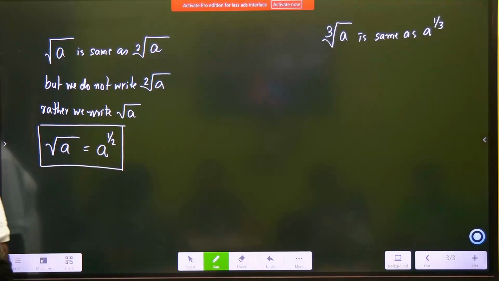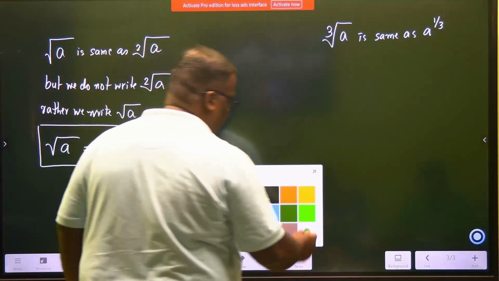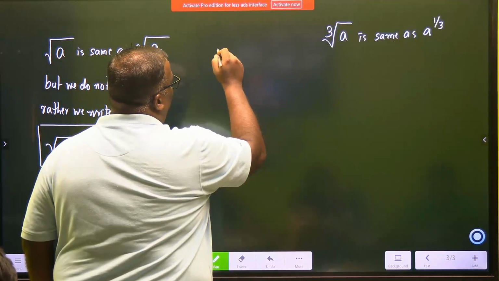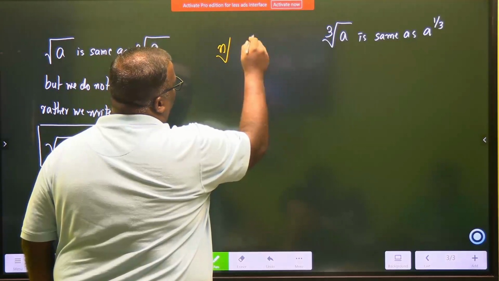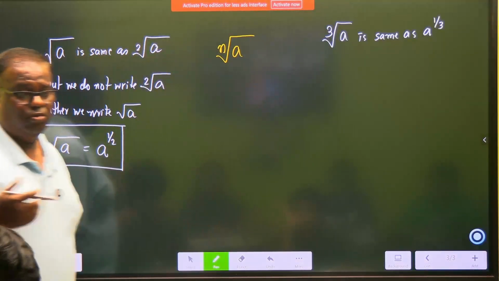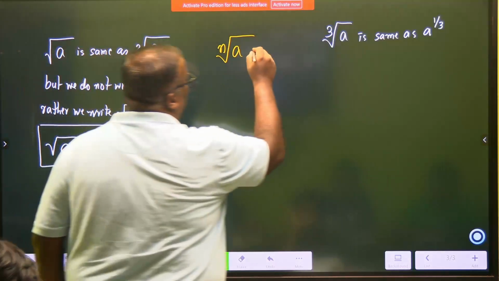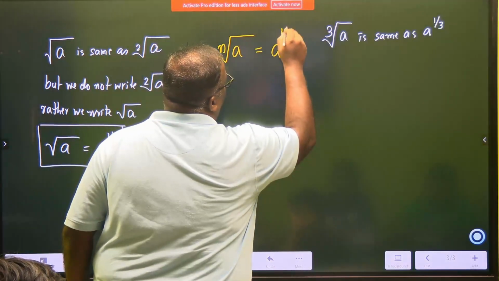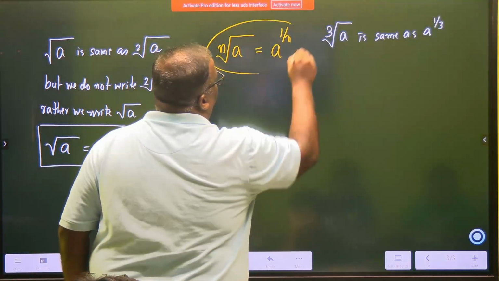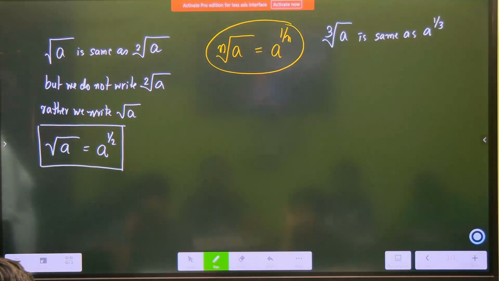Cube root of a is a to the power 1 by 3. In this line, say suppose somebody wants to find the nth root of a, some nth root, fourth root, fifth root, sixth root, seventh root. अगर आप nth root निकाल रहे हैं, so it is a to the power 1 upon n. Always.